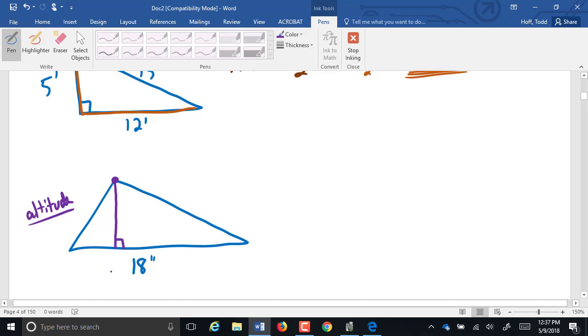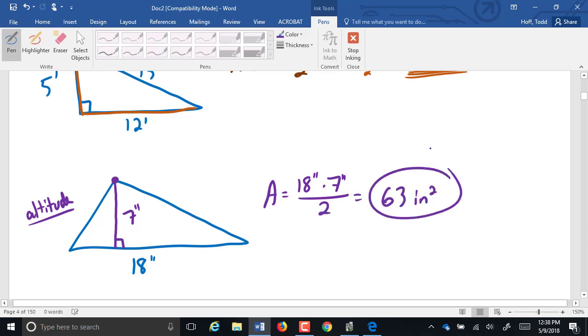An altitude always goes from the opposite vertex back to that base at a right angle. So if I tell you that that is 7 inches, how do I find this area? Not everybody at once. There we go. 18 times 7 divided by 2 is 63 square inches.